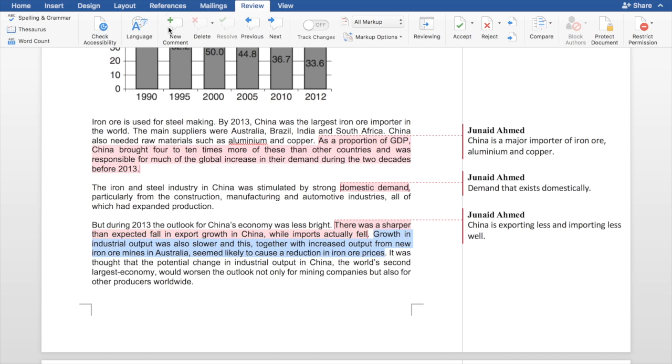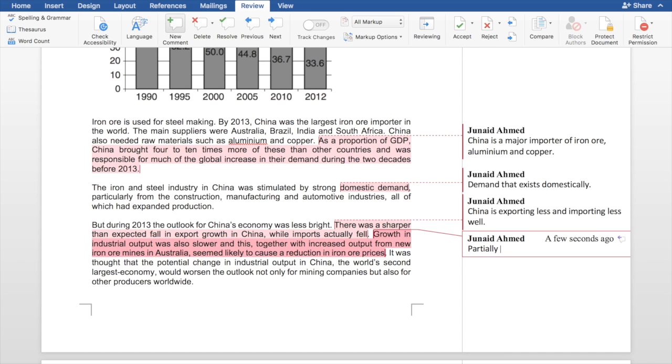So now we can see that falling demand in China depressed iron ore prices, as did increased supply by Australian firms.